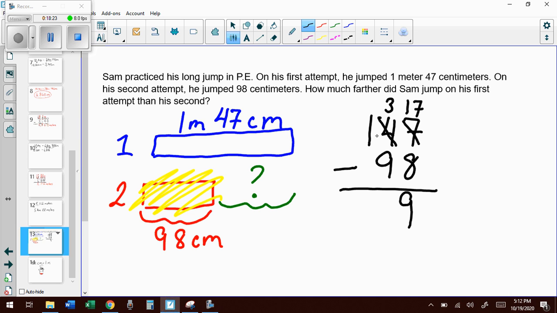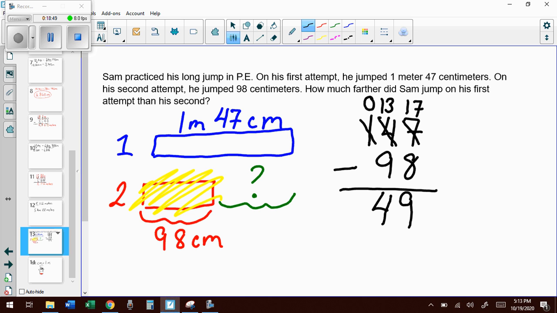That was scary. 3 minus 9, can't do it. Oh, it's going to make me do it again. Take 1 from there. It'll give me a 0. Put my 10 there. 13 minus 9 is 4. And 0 minus 0 is 0.